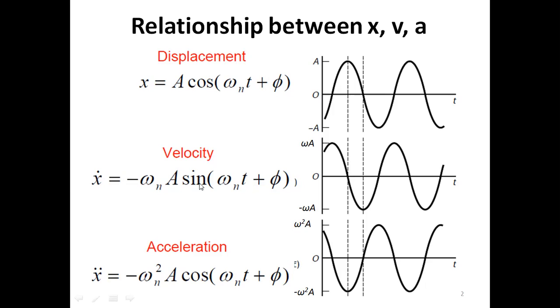If we plot this mathematical equation, this would be the plot. The amplitude here is omega a. And if we plot the acceleration, then you could see this would be the plot, and the amplitude of the acceleration is omega square a, or omega n square a in this case.